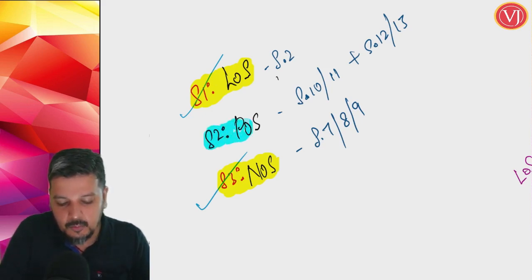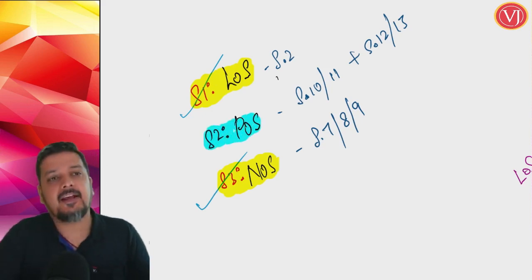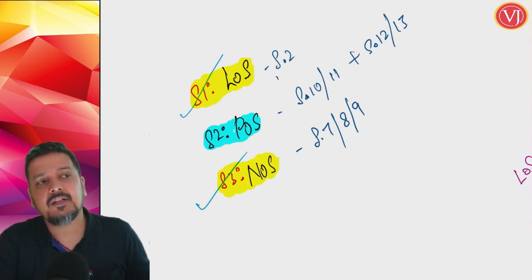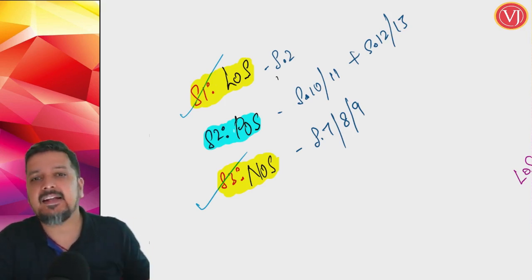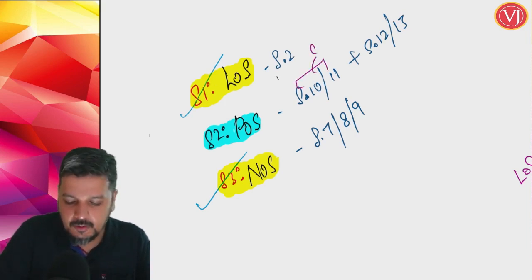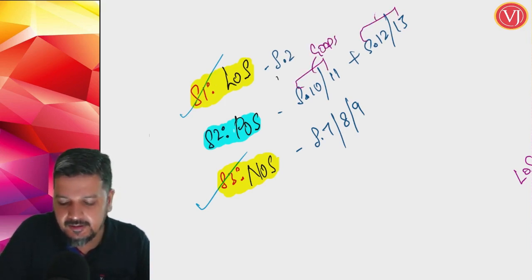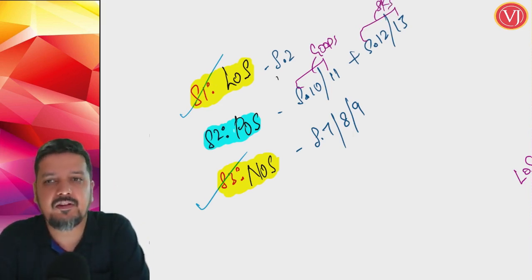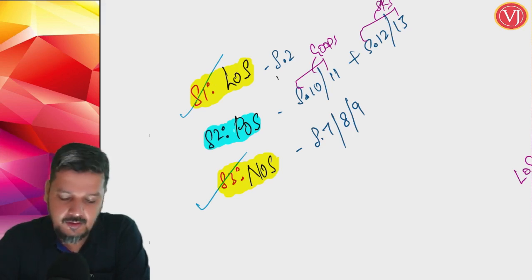What is your step 2? Place of supply. When you talk about place of supply, section 10 and section 11 deal with goods, and section 12 and section 13 deal with services.